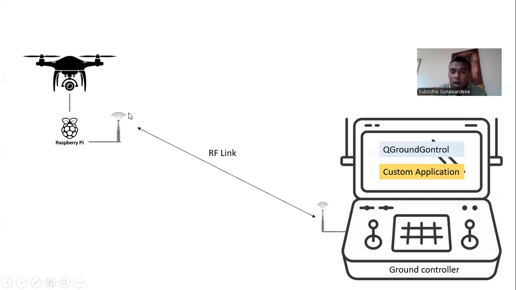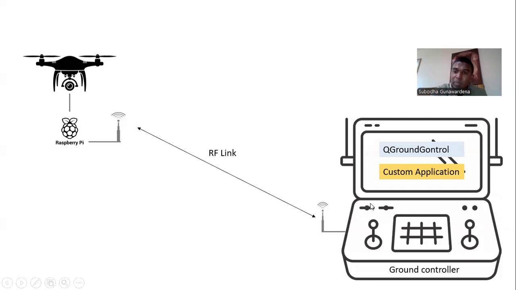Because of that, all the packets coming through this link will be routed to the QGroundControl application or the ground station application, and that cannot be accessed by other applications, right? So if you want to route those packets to other applications as well, you have to have MAVProxy running in between these to route those packets. So MAVProxy should receive the packets and route them to the custom application or the QGroundControl application.